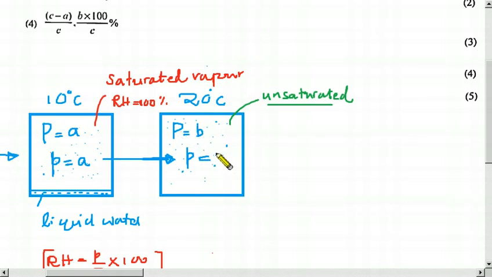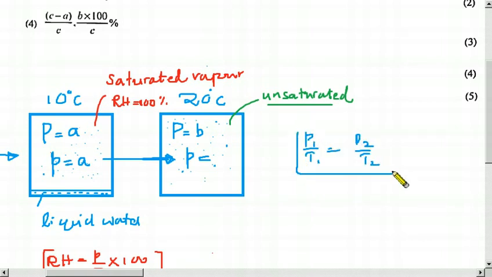So this one is something else. So we have to actually calculate, this was the previous pressure, small a, then the temperature change is 10 degrees, the temperature rise is 10 degrees. So actually we have to calculate this pressure, what will be given at 20 centigrades, like using that P1 divided by T1 equals P2 divided by T2.